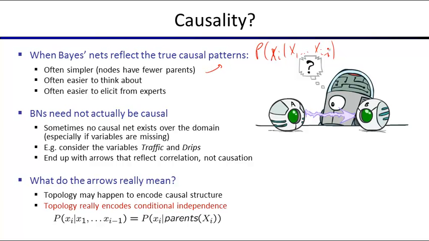So there's something there. In principle, you could go work through all n factorial orderings and for all of them see what you end up with, but that's a lot of work. And so one intuition could be the ordering I'm picking is the one that's closest to causality, because then often it works out well. Often it's easier to think about the reasoning patterns in the Bayes-net whenever it's causal. And often it makes it easier to get the numbers from experts.